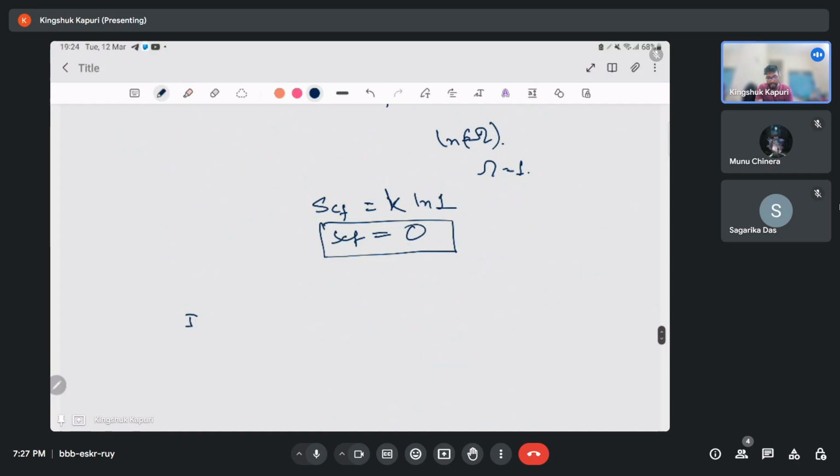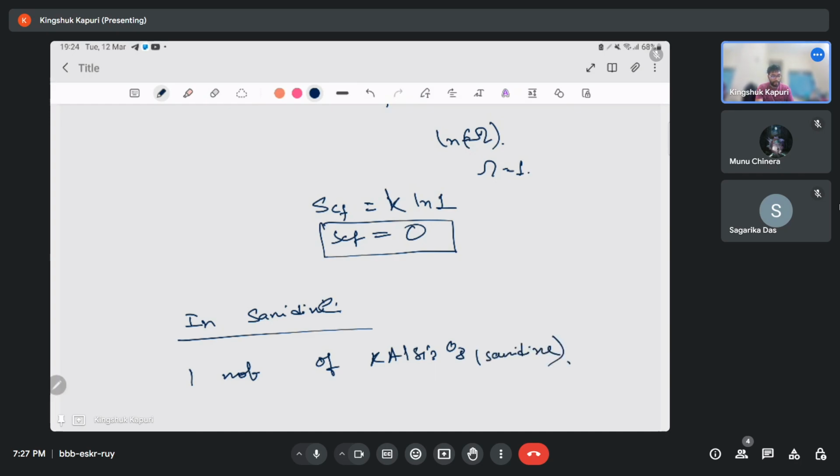Now in the case of sanidine, let's say we are taking 1 mole of KAlSi3O8 sanidine composition. For 1 mole, if you want to calculate the number of atoms, you multiply it with the Avogadro number, 6.022 into 10 to the power 23.